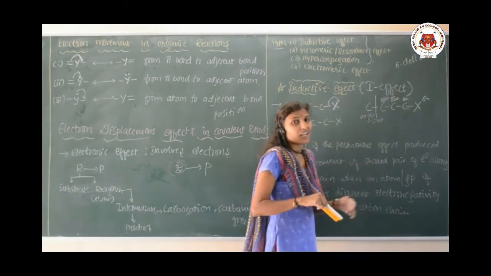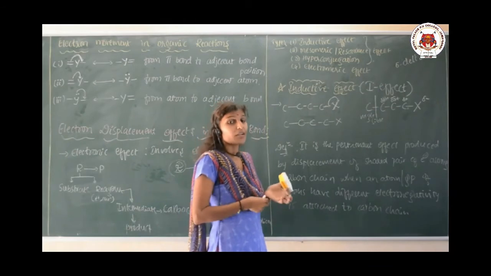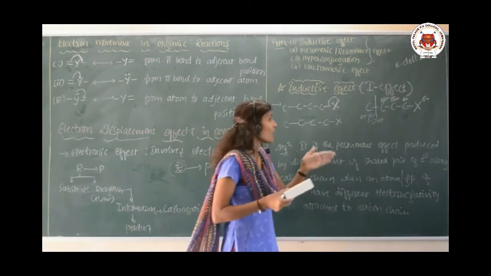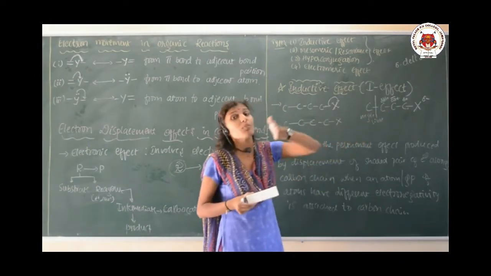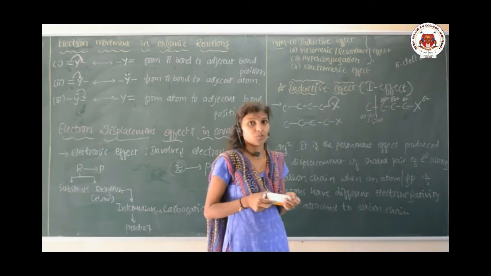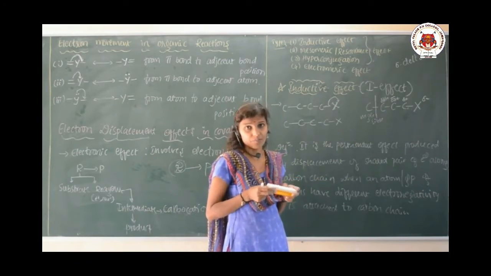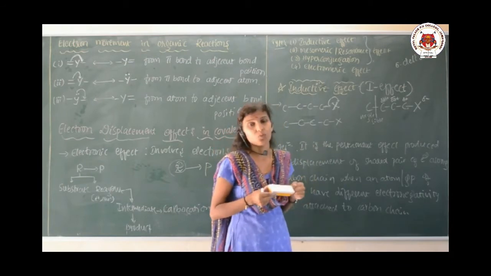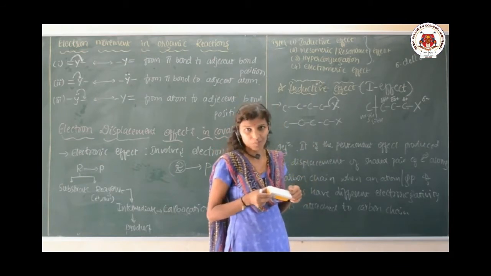For the carbon directly attached, the effect will be more, for the next carbon it will be less, and for the further carbon even less. Then after three carbons the effect will be negligible. This is how the I effect takes place.